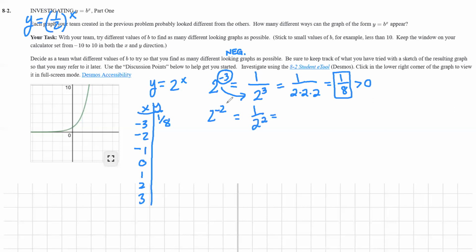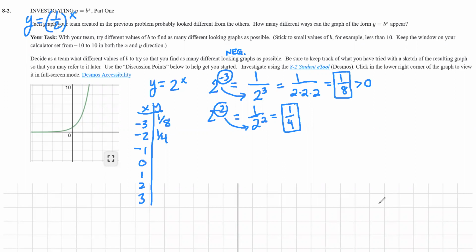To get rid of that negative exponent, we put it in the denominator like that. See what we did there? And 1 over 2 squared is going to be what fraction, guys? It's going to be 1/4, which is slightly bigger than 1/8. It's twice as big as 1/8.